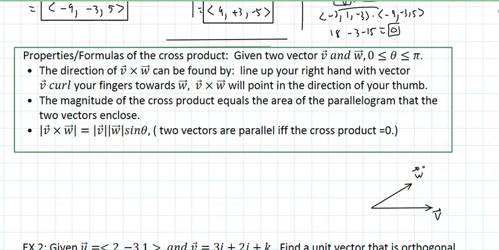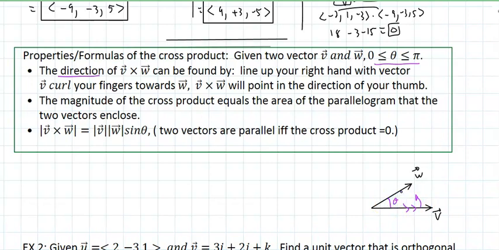First things first. The direction of V cross W can be found by lining up your right hand with vector V and curling your fingers toward W. Remember, the angle has to be less than 180, so you can't go the other way around. Theta's right there.